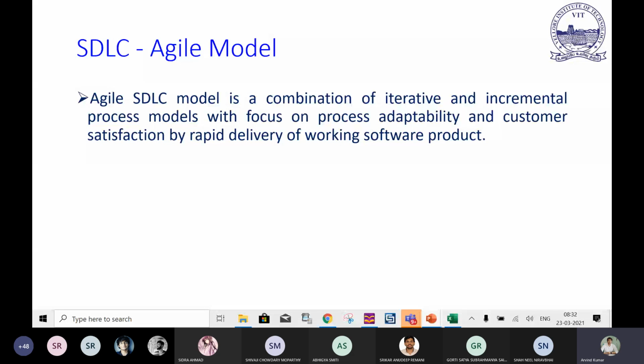So it's just a combo or hybrid of these two ideas. It mainly focuses on adaptability and customer satisfaction by rapid delivery of the working software product. So it's very practical or pragmatic.